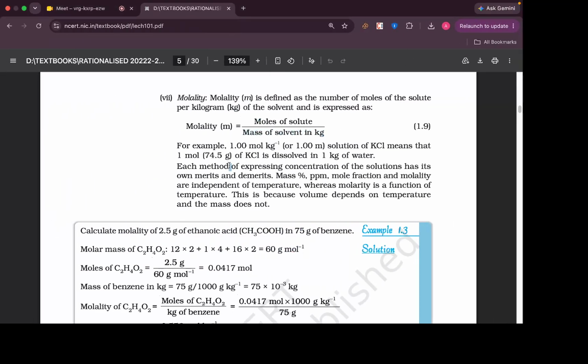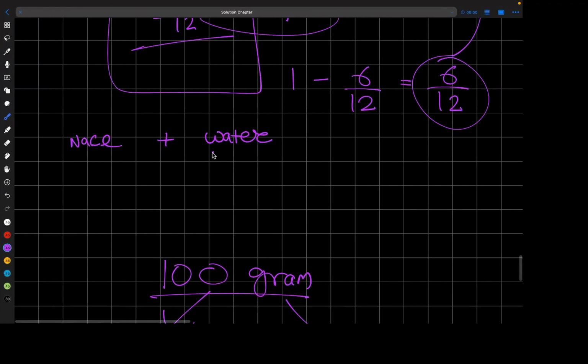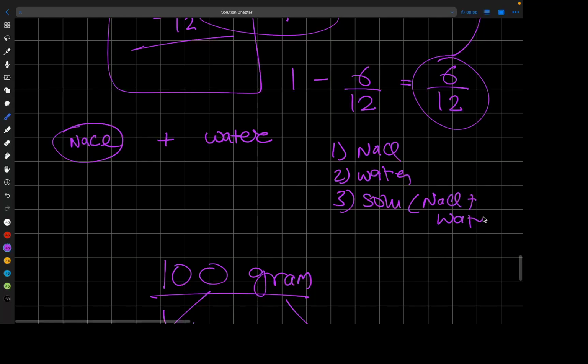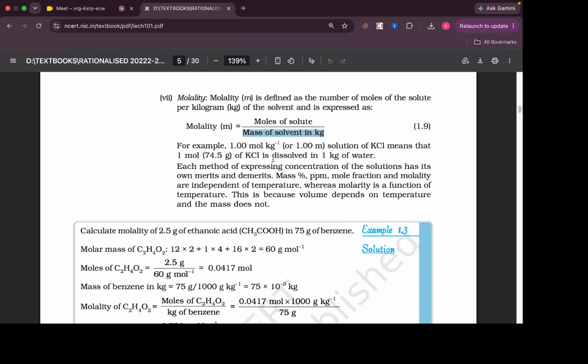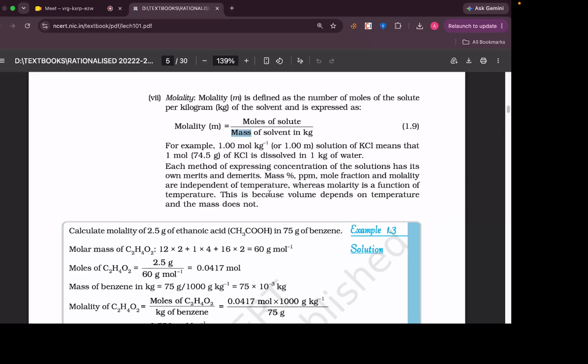Now Saeed, tell me, when we are calculating the molality, mass of the solvent in kg means what? First option is NaCl, second is water, third is solution, meaning both NaCl plus water. Tell me, Saeed, in the denominator, which mass do I have to write here?